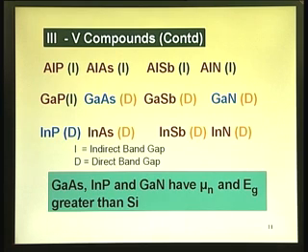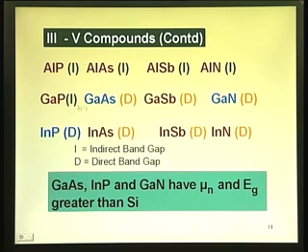The I inside the bracket tells you it is indirect. The D inside the bracket tells you it is a direct band gap. I have written it down here. So, you have aluminum phosphide, aluminum arsenide, aluminum antimonide, aluminum nitride, all indirect band gap semiconductors, because of the small atomic number 13 of aluminum.